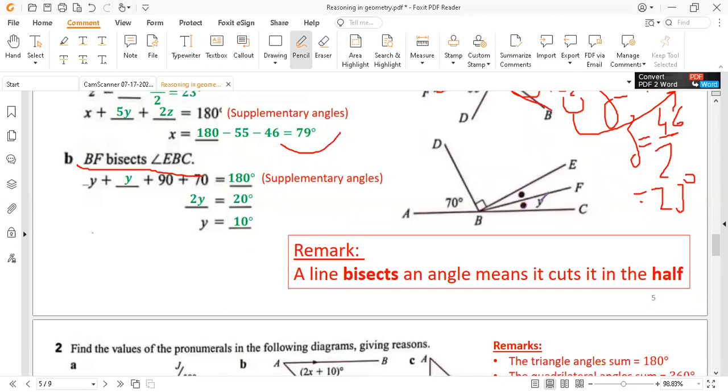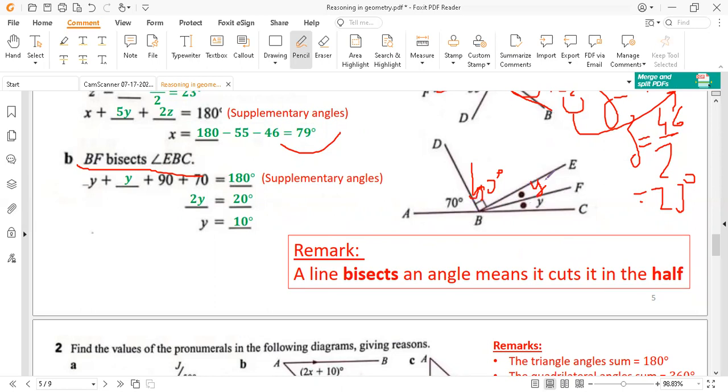So if we have a y here, we have a y here. Okay, good. Normally we have 90 degrees here, because we have this mark, and this mark refers to 90 degrees, a perpendicular statement.